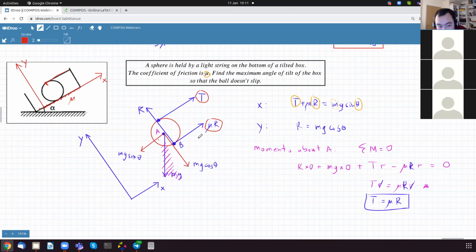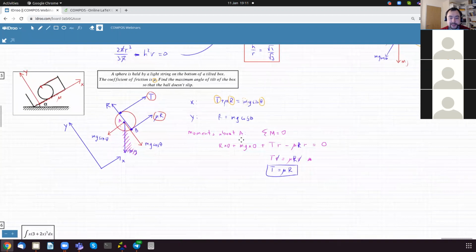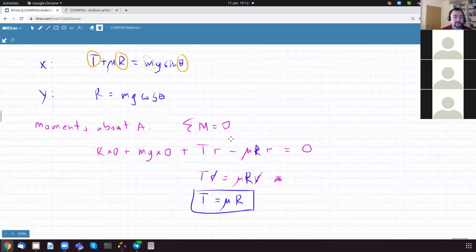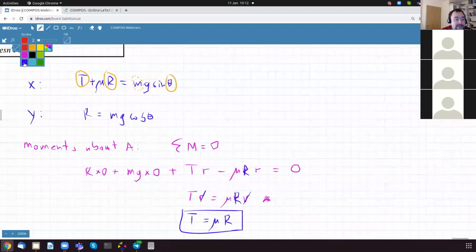And R, the reaction force, acts through the center as well, so it cannot make the ball rotate. Which is brilliant. The two forces have to be the same, and that makes life so much easier. That's our third equation, and that kind of closes the deal here.